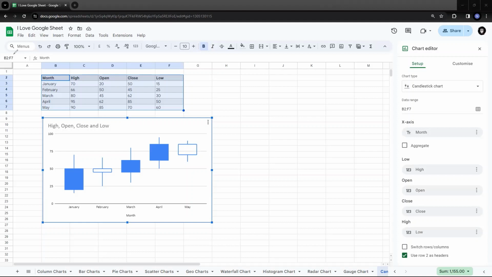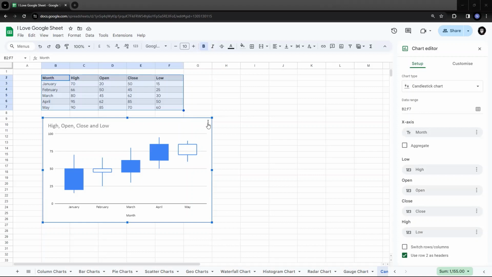It's very important to understand where those patterns are in the graph, based on which these charts can be interpreted.